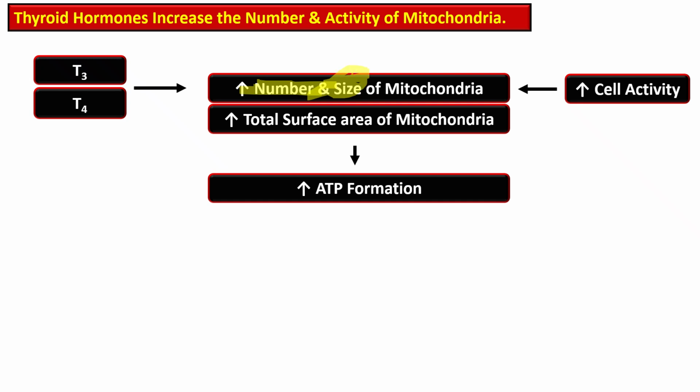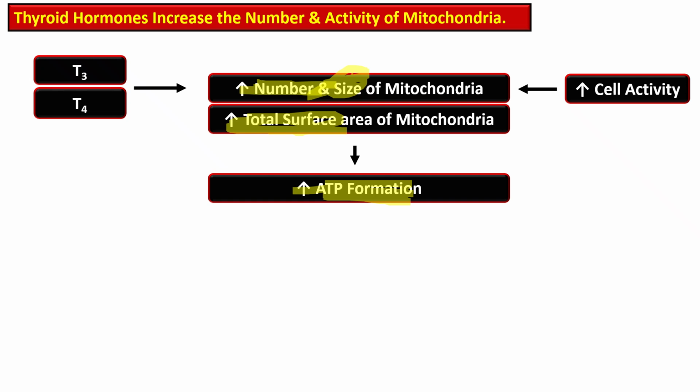Each mitochondrion becomes larger and more metabolically active. The surface area of the mitochondria also increases, which strongly correlates with increased metabolic rate. There is increased ATP production, and it supports enhanced cellular function.